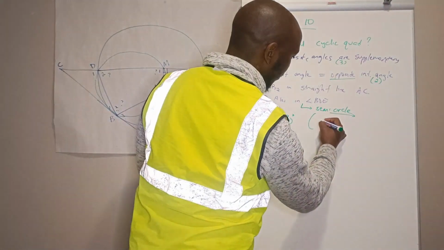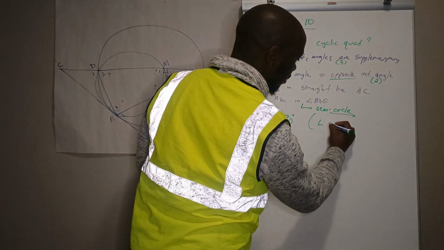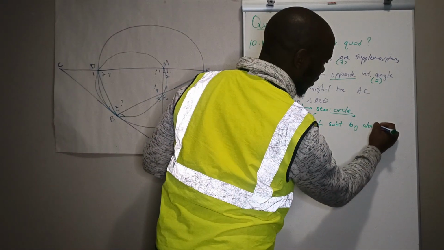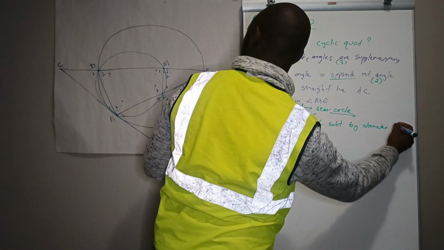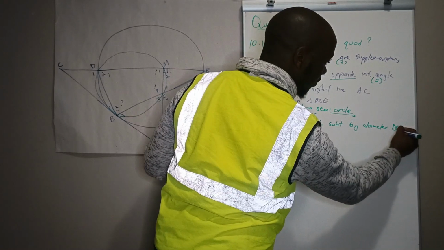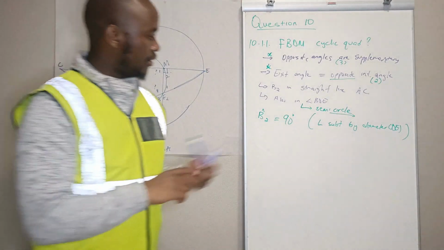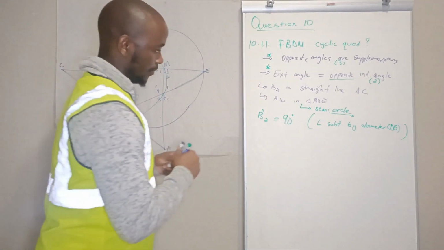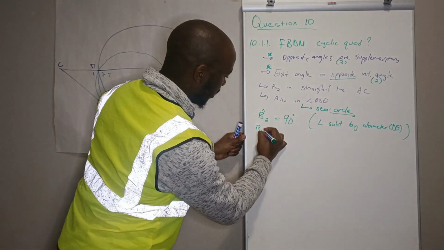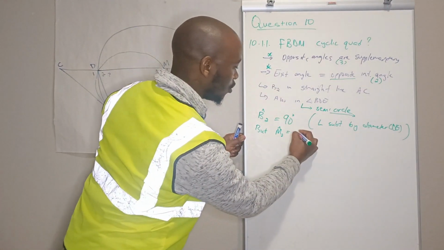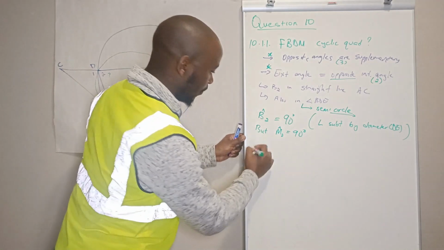The reason being, angle subtended by diameter, and you name the diameter, DE. It's 90 degrees, but we know that M2 is also equal to 90 degrees.